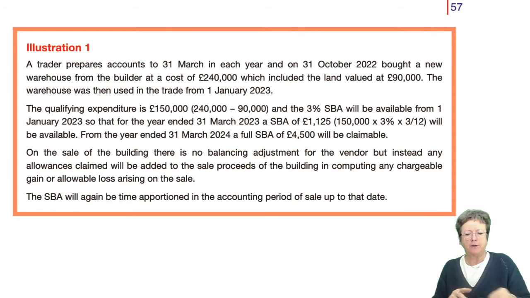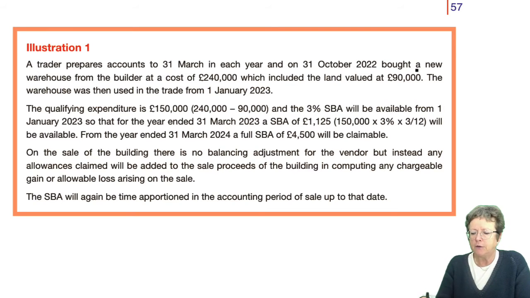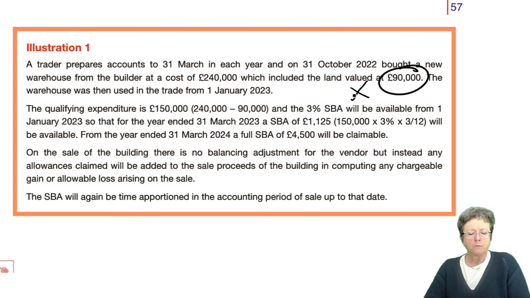A trader prepares accounts to the 31st of March and on the 31st of October bought a new warehouse from a builder, costing $240,000, including land that you can't have. Now it was used in the trade from the 1st of January 2023. We talked about that: you've got to wait till it's brought into use.